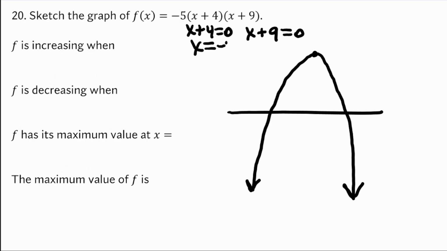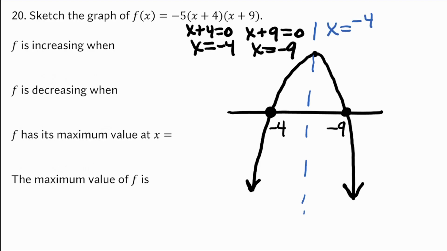So that would be x equaling -4 and x equaling -9. So that's going to be right here, -4 and -9. Okay, the axis of symmetry will be halfway in between those. So x will equal -4 minus 9 divided by 2. So x equals -13/2. Okay, that's kind of unfortunate, but okay, we can work with it.